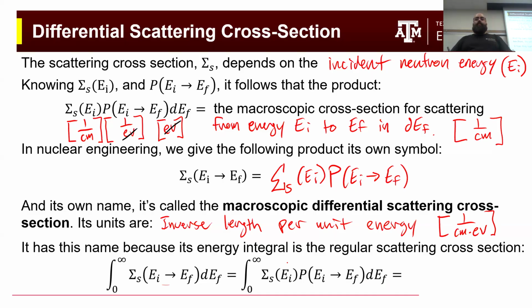So the sigma s comes out front, the leftover integral equals one, and this whole thing gives me sigma s at the incident energy. It's called the differential scattering cross section because if I integrate it, I just get the regular scattering cross section.